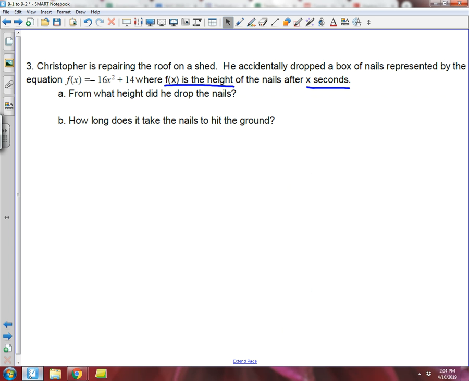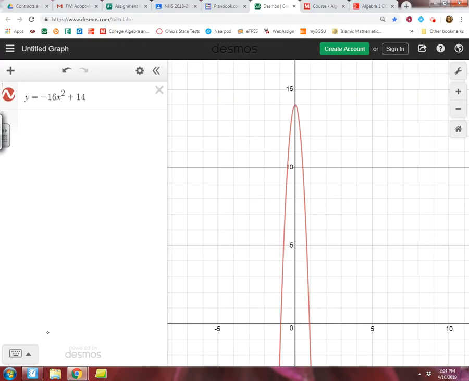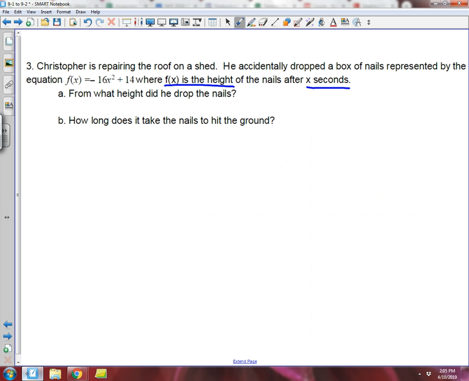Let's see here. I don't think it says. We're going to call it feet. That's okay with you. It says, from what height did the nails drop? So here's my picture. If it's on the roof, that's as high as it's ever going to be, right? So how high were they? 14 feet. So that's my answer to letter A.